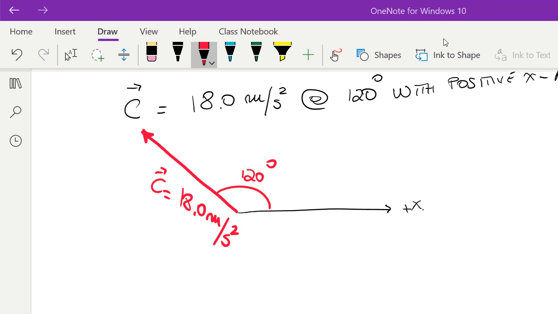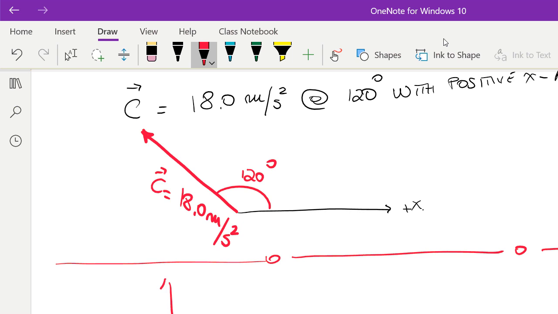The third way of describing a vector is using the north, east, south, west axes. North, east, south, west axes look something like this.